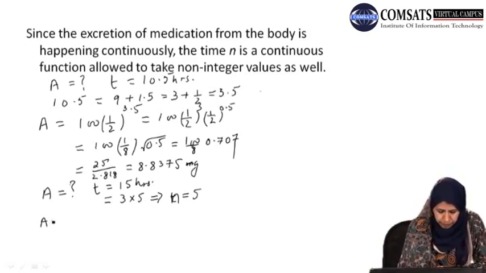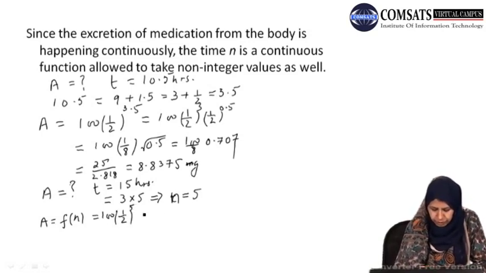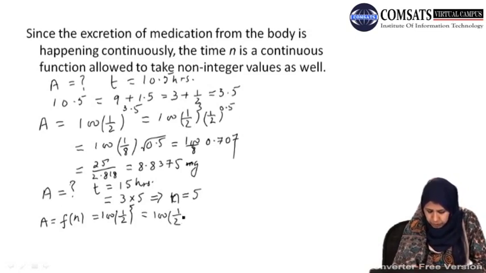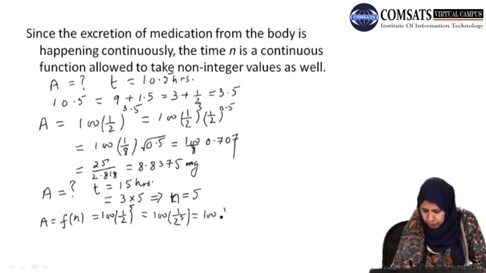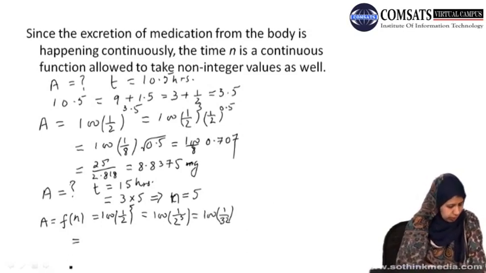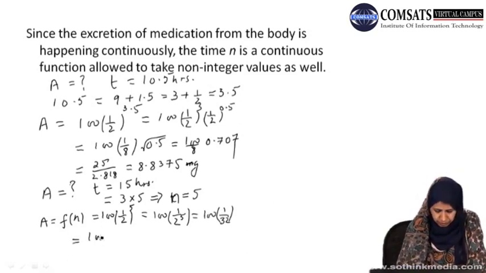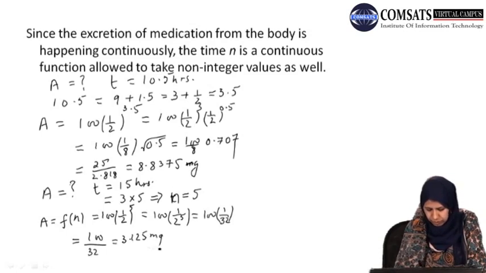So the amount, the function of n, will be 100 into 1 by 2 to the power 5, which is 100 into 1 over 32. And what do we get? 100 by 32, which is 3.125 mg.